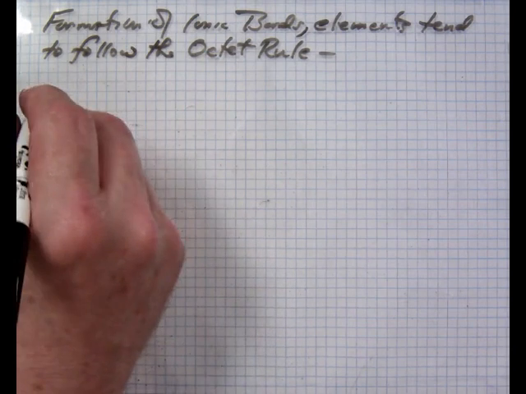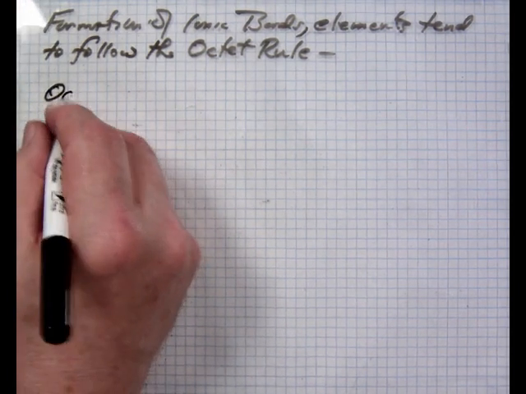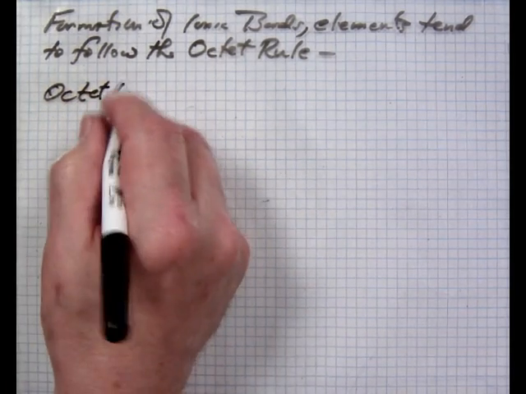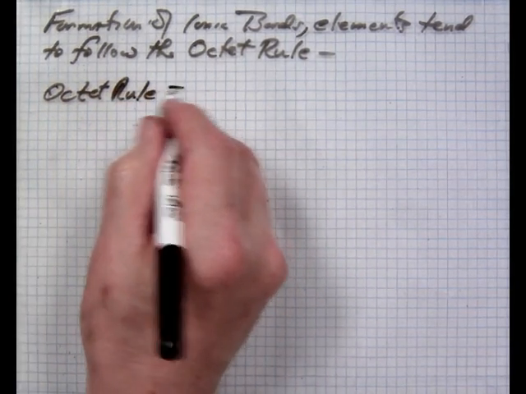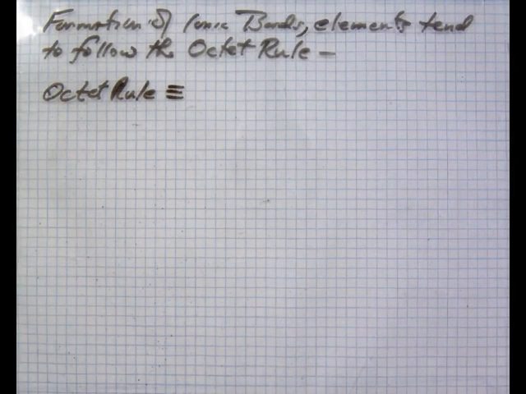You recall from earlier topics this semester, generally the octet rule refers to the gain or loss of electrons by the path of least resistance to achieve a noble gas configuration.